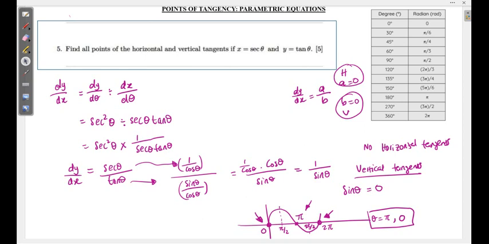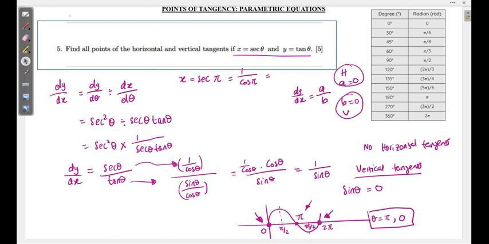So now we are going to substitute those into the original equation to find the coordinates. Number 1, x will be equal to sec pi, which means 1 over cos pi. So what does that give us?